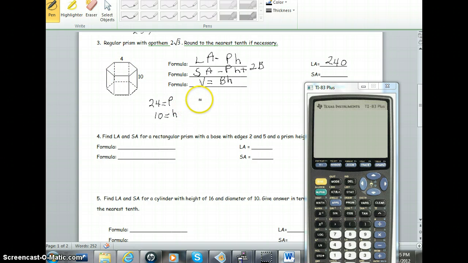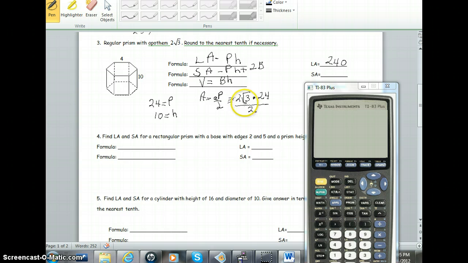The formula for the area of the base is the apothem times the perimeter, divided by 2. The apothem is 2 root 3, and our perimeter is 24, all divided by 2.